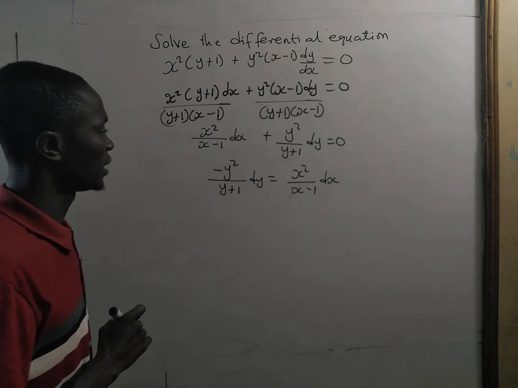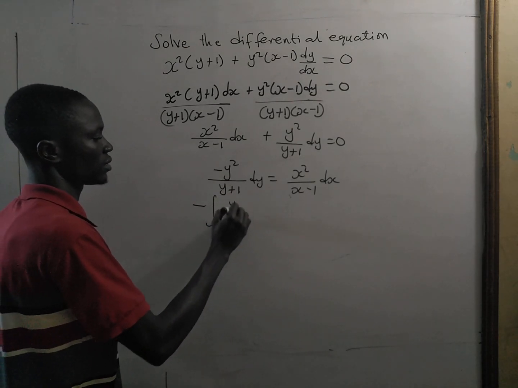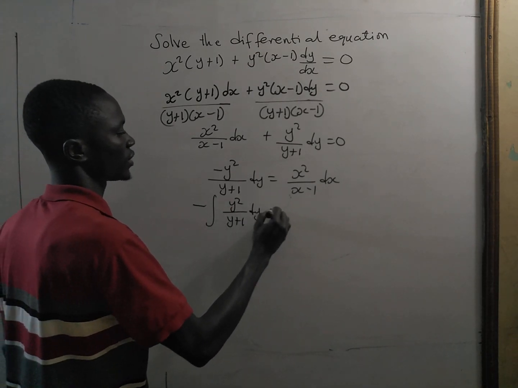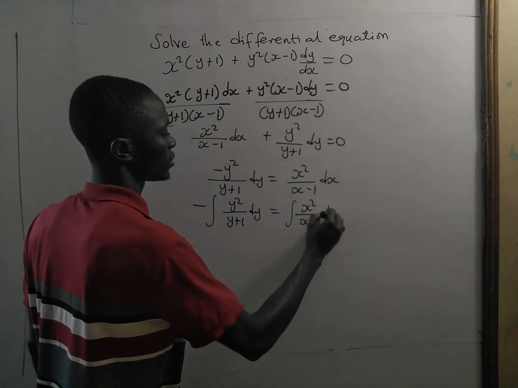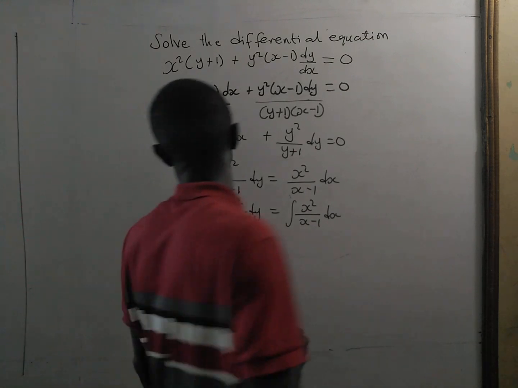Now, we do the integration. So we integrate negative y squared divided by (y plus 1) dy, and the integral of x squared divided by (x minus 1) dx. Let's take each integral and do the integration.